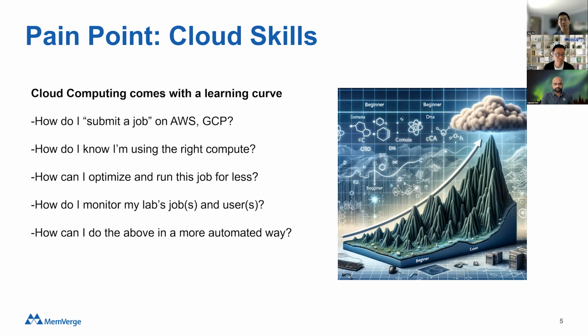How do I know that I'm using the right compute for the analysis that I need to perform? And how can I optimize these jobs over time so that I'm not wasting money running on machines that are too large for the actual workload that I need, or with the wrong mix of CPU and memory resources?